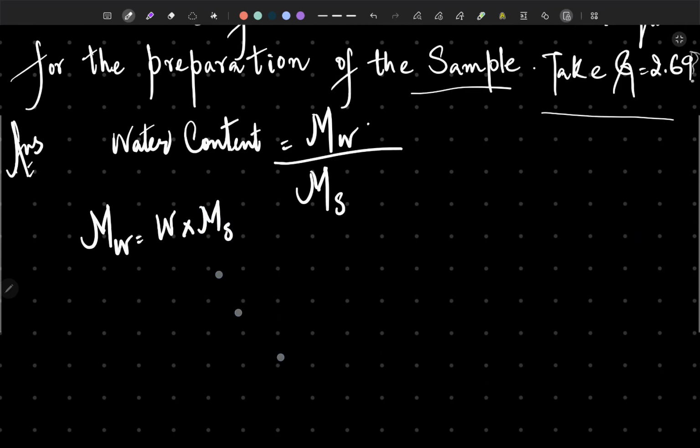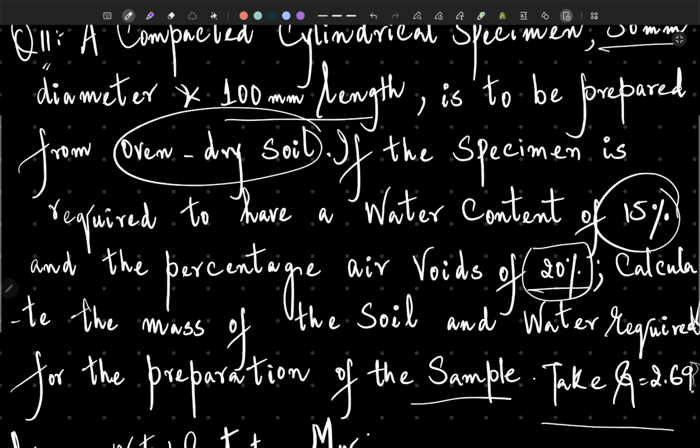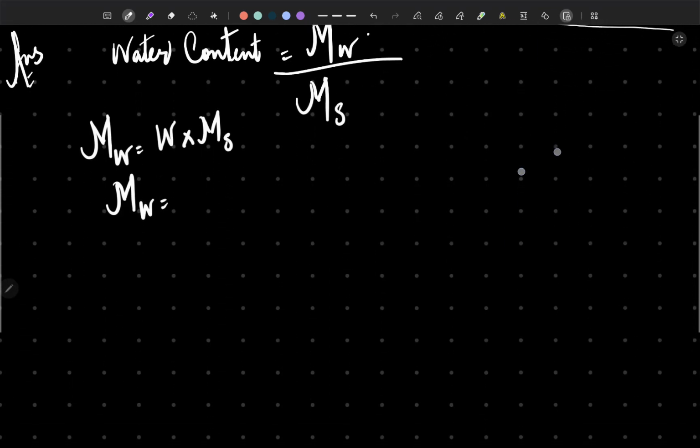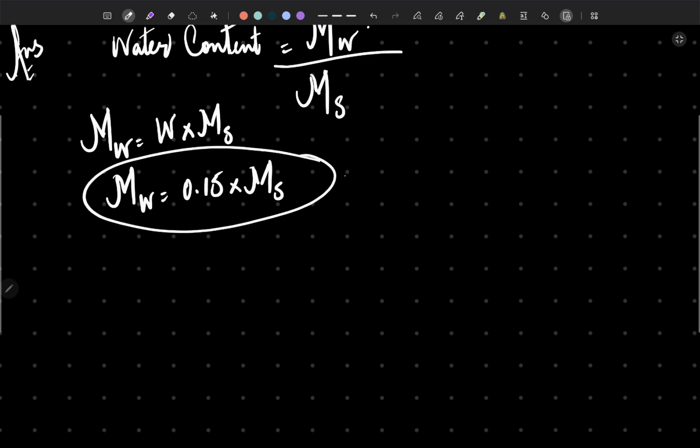If the specimen is required to have a water content of 15%, so my water content is 15%, that means mass of water is 0.15 multiplied by mass of solids. Let me suppose this is equation first.